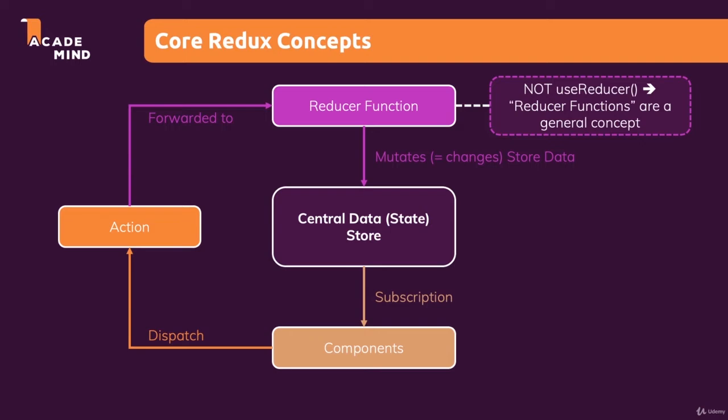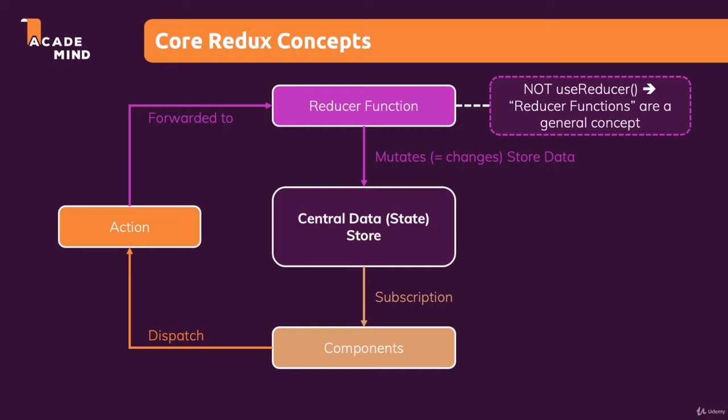So components dispatch actions which describe what should be done, but don't do it directly. Then these actions are forwarded to the reducer. The reducer then does what the action wants the reducer to do. And then the reducer spits out a new state which effectively will replace the existing state in that central data store.